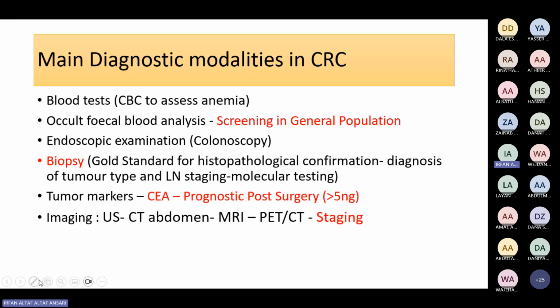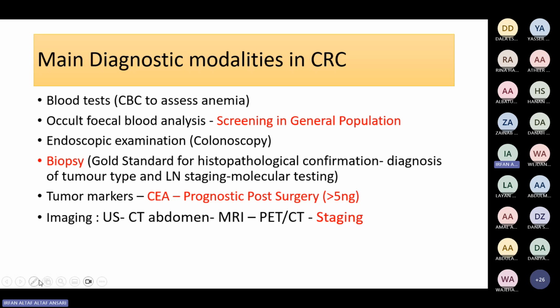So how do you diagnose? The most important diagnosis comes from the colonoscopy and the biopsy. But you have supplementary tests such as CBC to assess anemia, and fecal occult blood analysis, which is a very important tool for screening in the general population. Colonoscopy, biopsy, tumor marker, you go for the CEA.